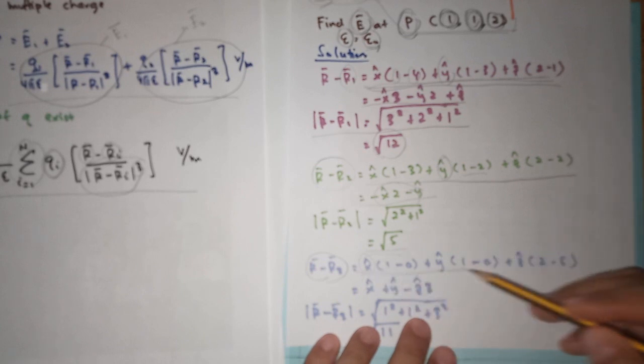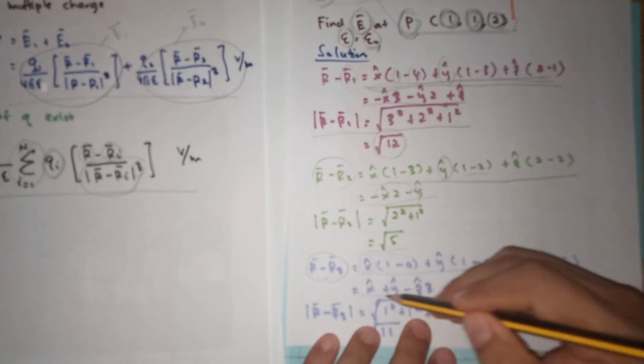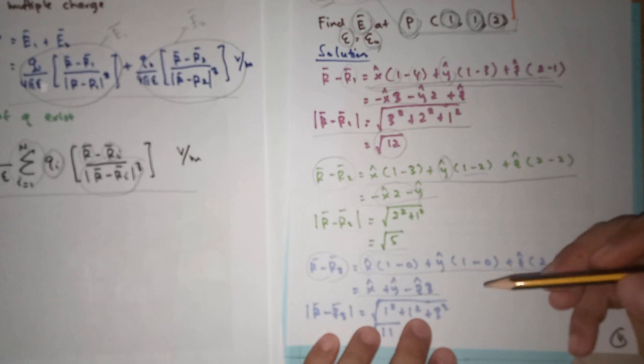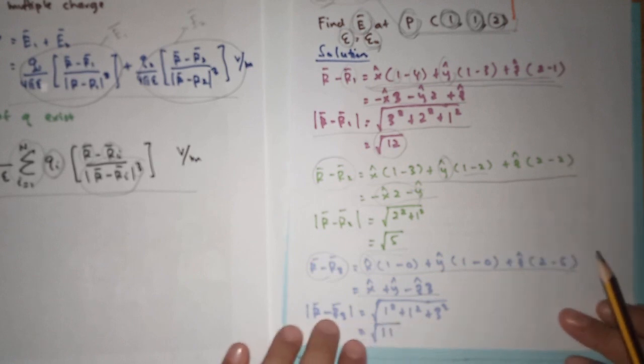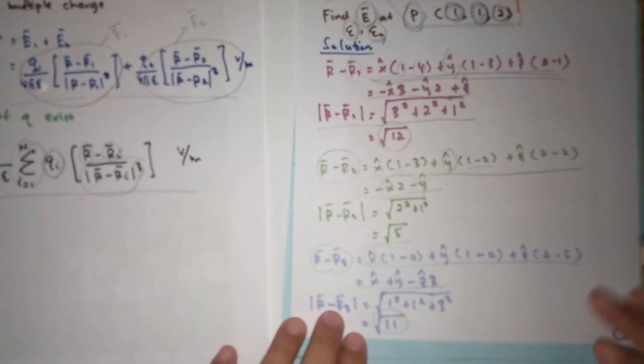By solving this, we get the vector that represents the distance and direction between our test point and Q3, and this is the amplitude for that particular vector.